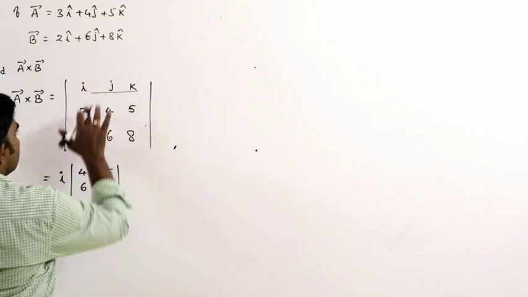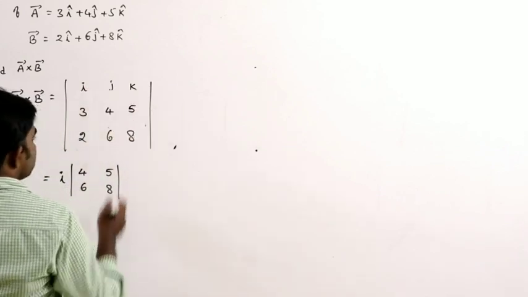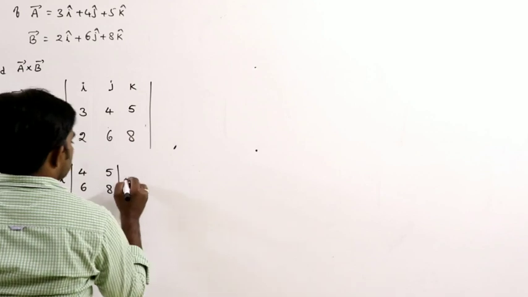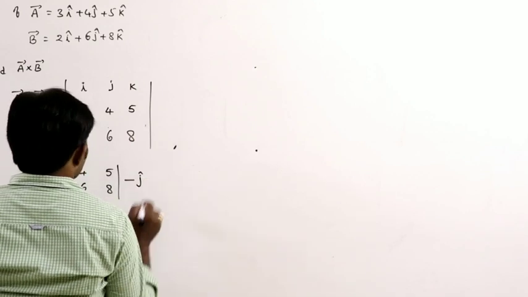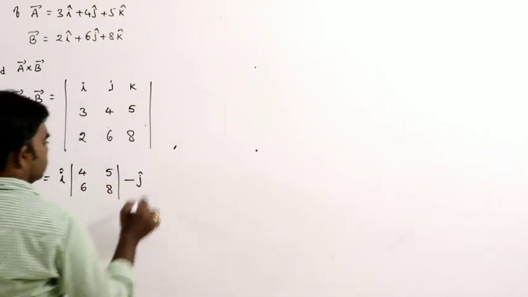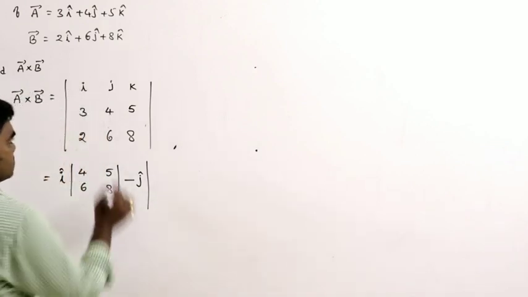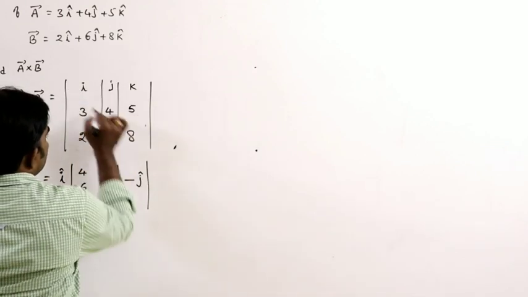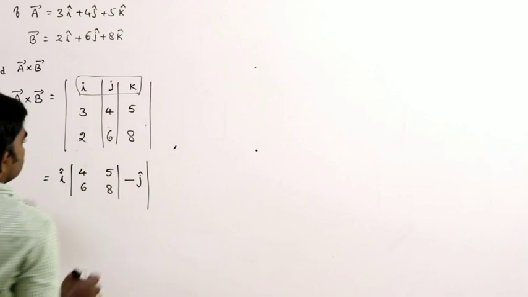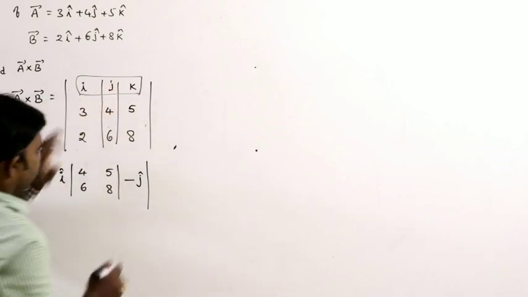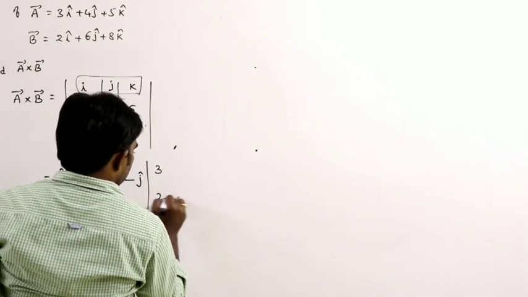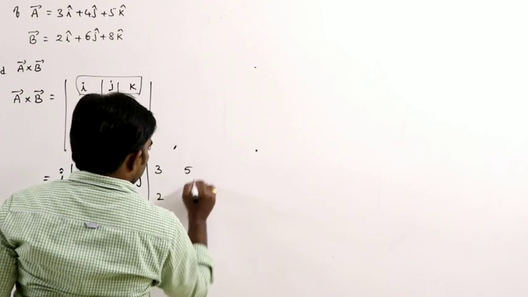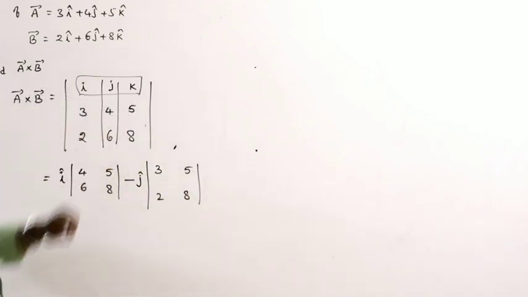Next one, we have to do minus j. I cap minus j into, second term is minus. Forget about these two. What are the remaining values? 3, 5, 2, 8.